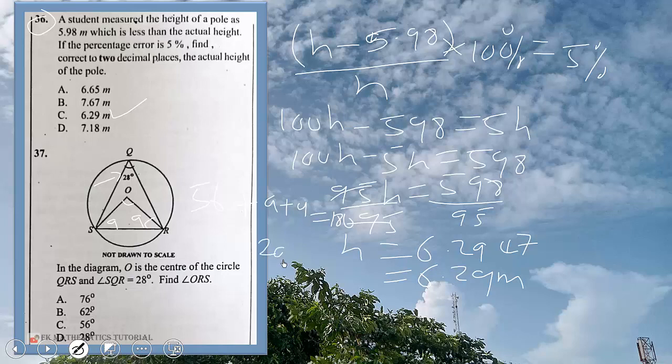So 2A will be equal to 180 minus 56, which will give us 124. So 2A is equal to 124, divided by 2. A is equal to 62 degrees, which is option B.